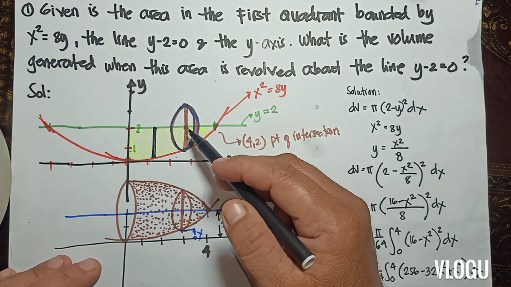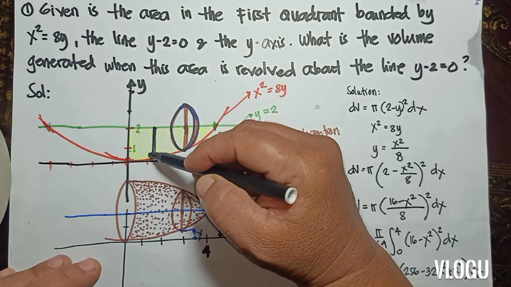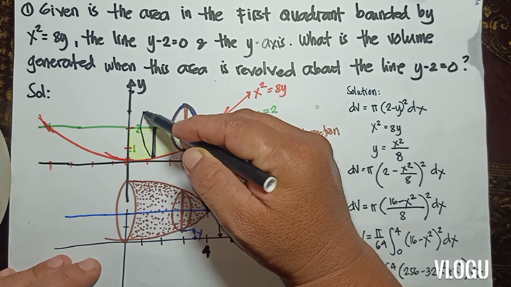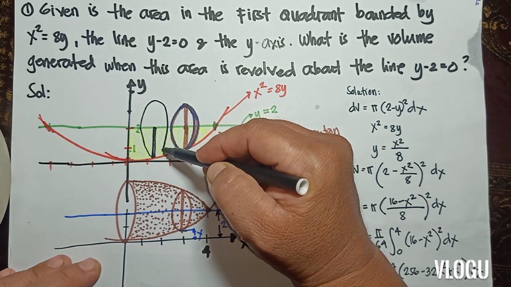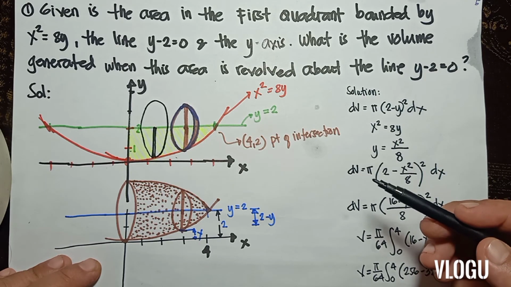So, therefore, what does it mean? We are going to revolve this here at y is equal to 2. Then we can form a disc, right?